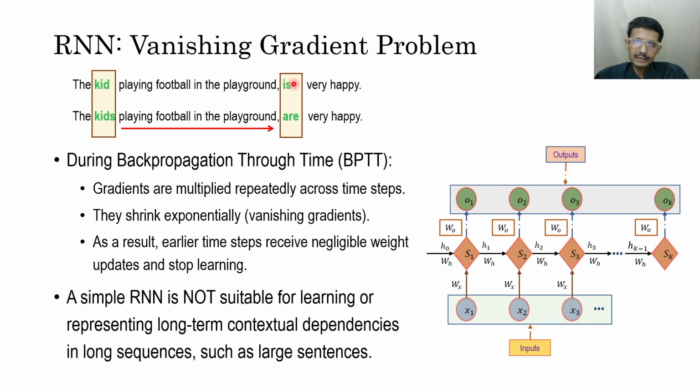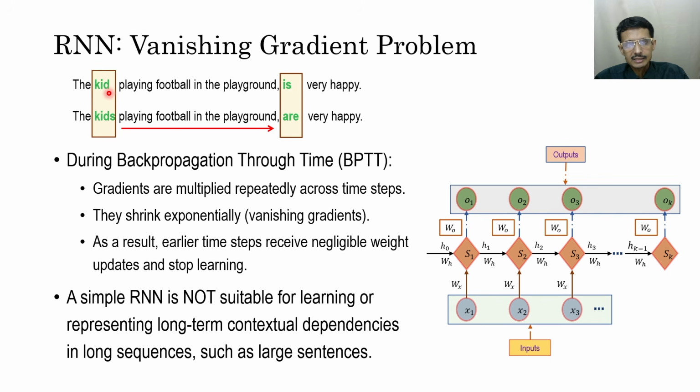Now consider how complicated this vanishing gradient issue is. Take a somewhat lengthy sentence: The kid playing football in the playground is very happy, and the kids playing football in the playground are happy.